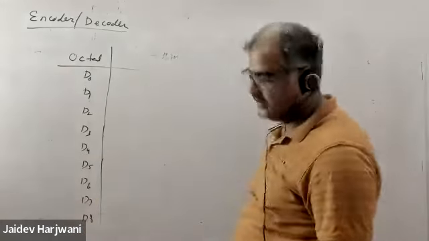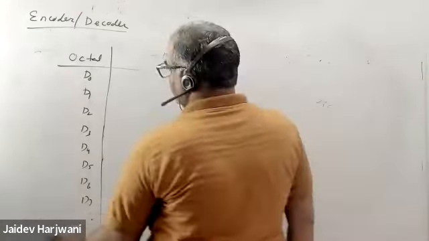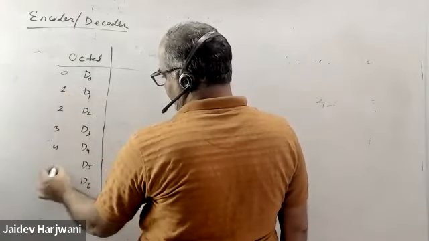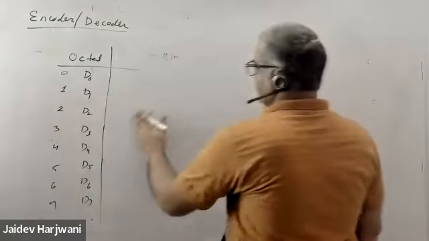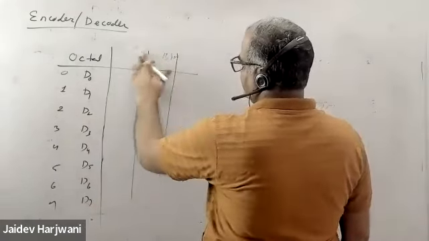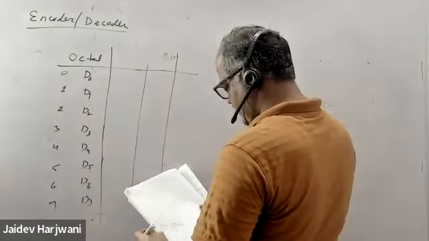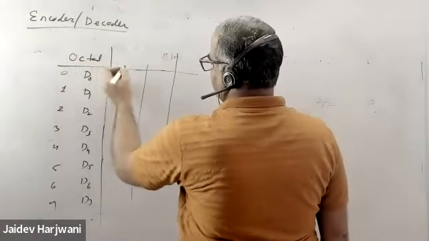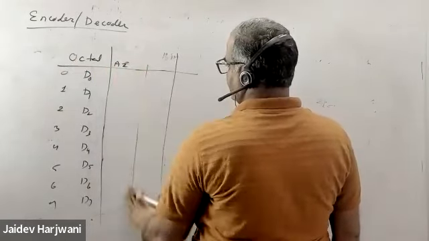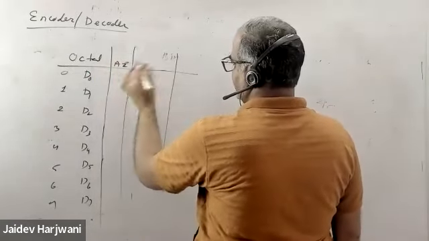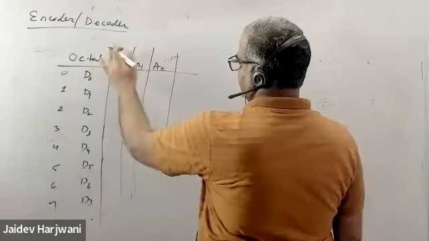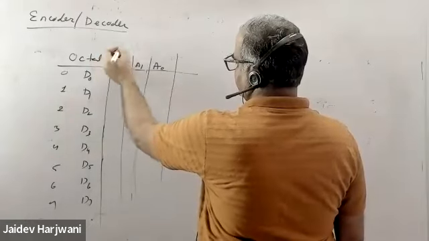This is equal to decimal 0, 1, 2, 3, 4, 5, 6, 7. Now I want to represent this number into binary output. So I want to represent this as a binary output. So say I am taking A2, A1 and A0. This is my output.